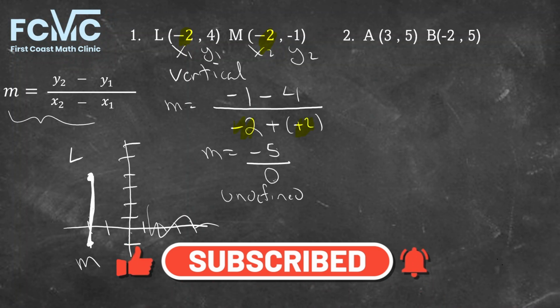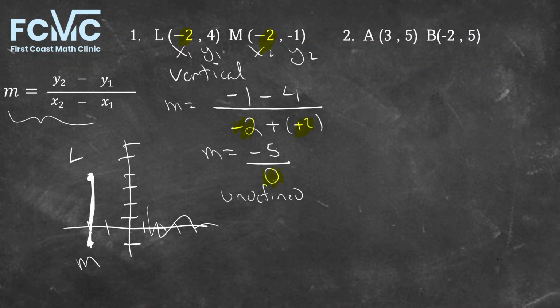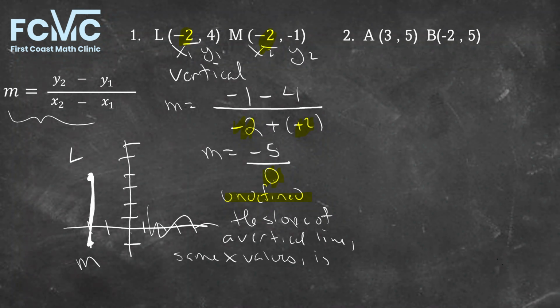So when we subtract the same x values in our denominator, we're going to wind up getting 0 in the denominator. And whenever we have 0 in the denominator for our fraction, that fraction will always be undefined. So our conclusion is that the slope of a vertical line, and we know it's vertical as we have the same x values, is going to be undefined.